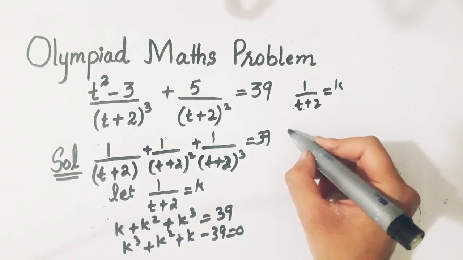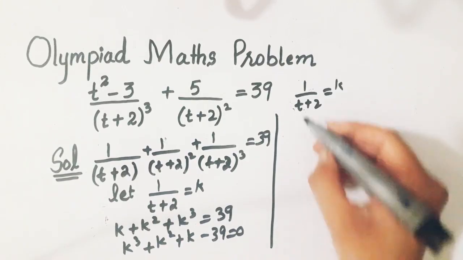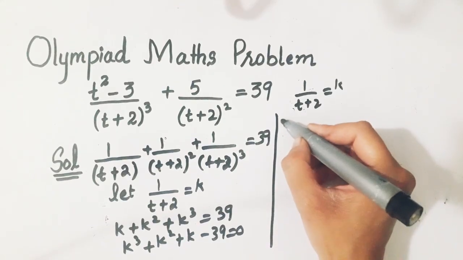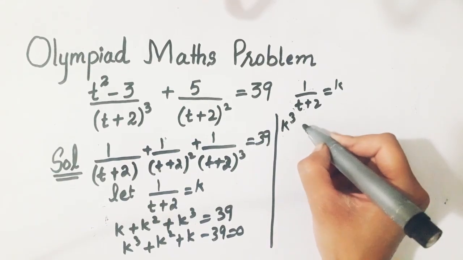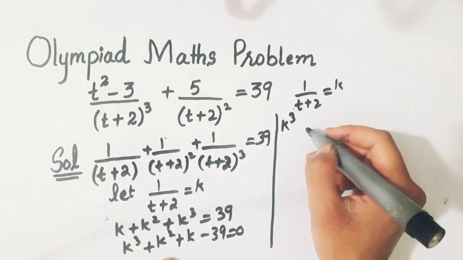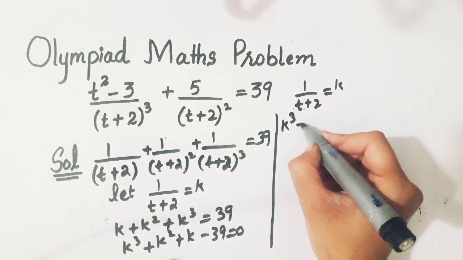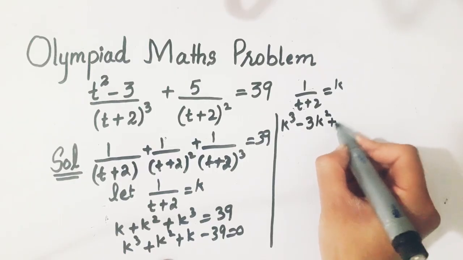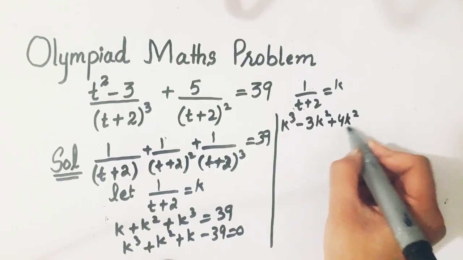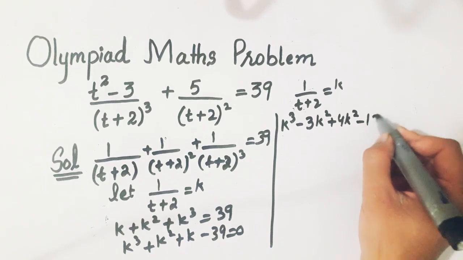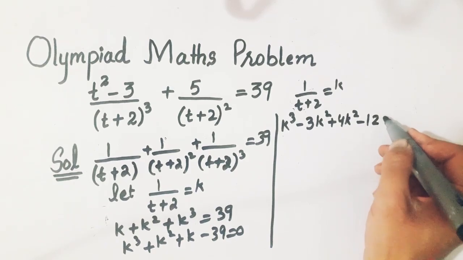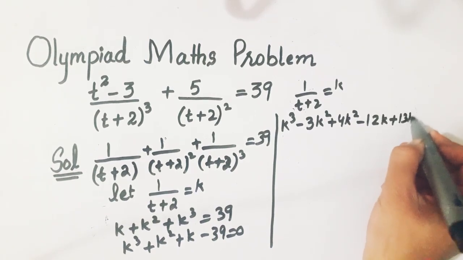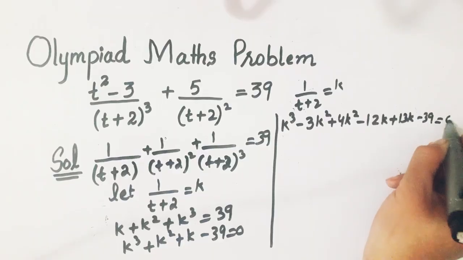So we get this, which can be written as k cubed, and the k squared can be written as minus 3k squared plus 4k squared, and this will be minus 12k plus 13k minus 39 equals 0.